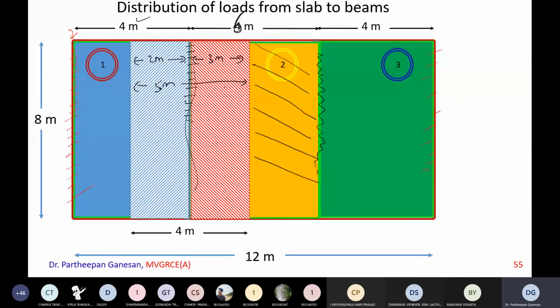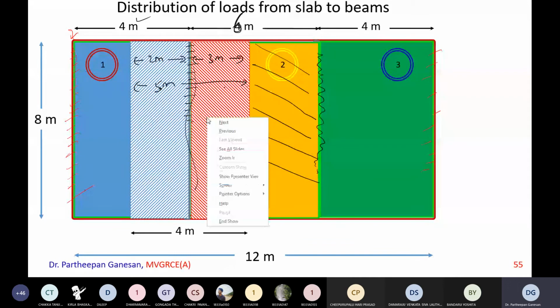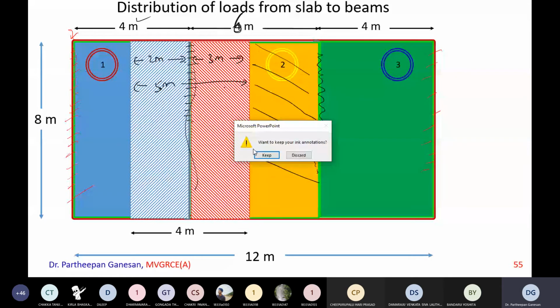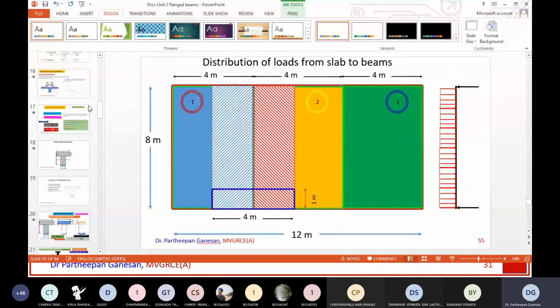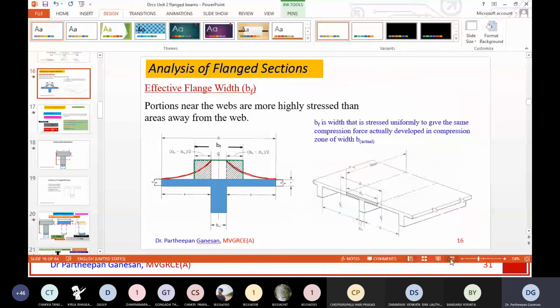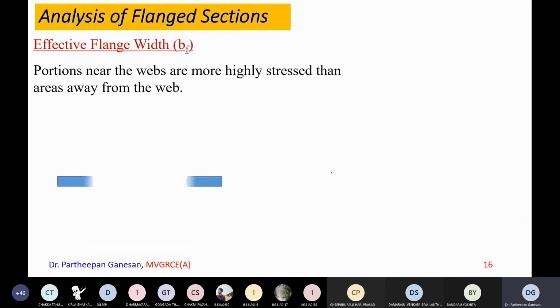Why I discuss this is that you need to use this here. So here, as I told you, this is an intermediate beam. On the right side also slab is there, left side also slab is there.